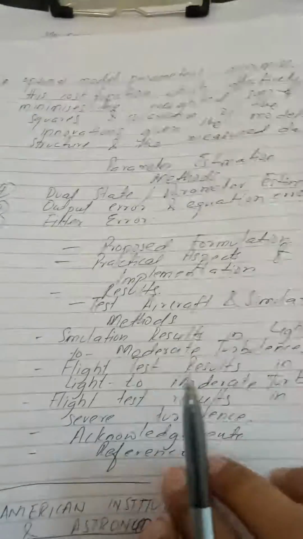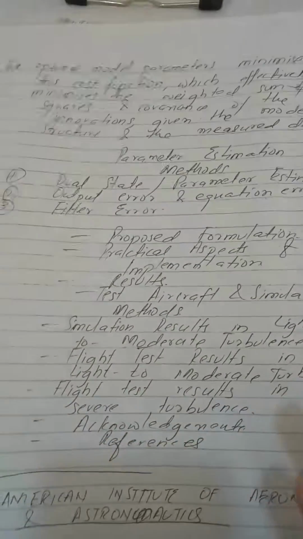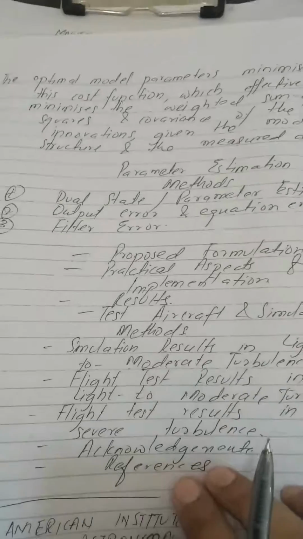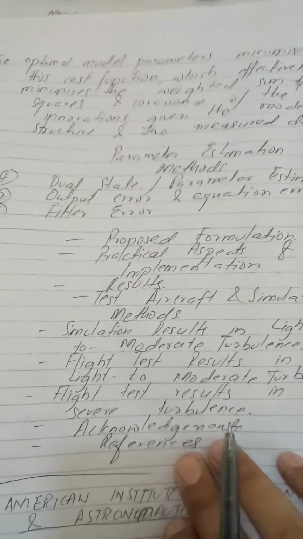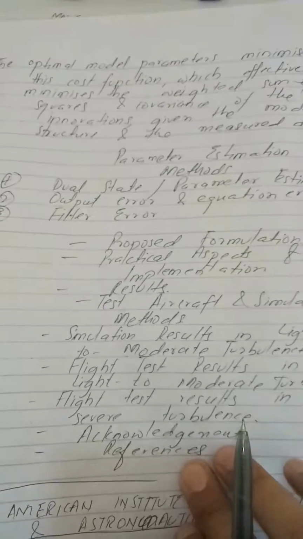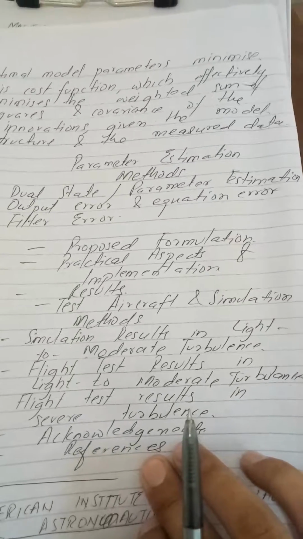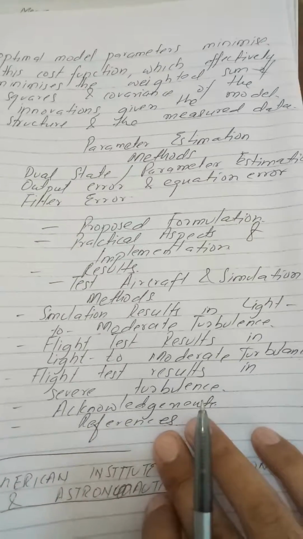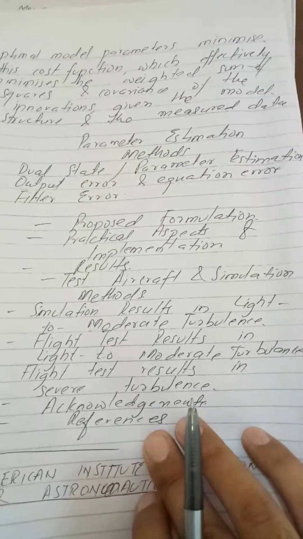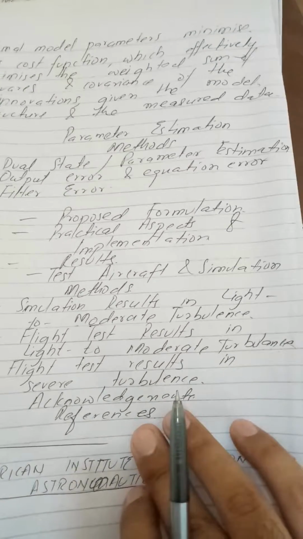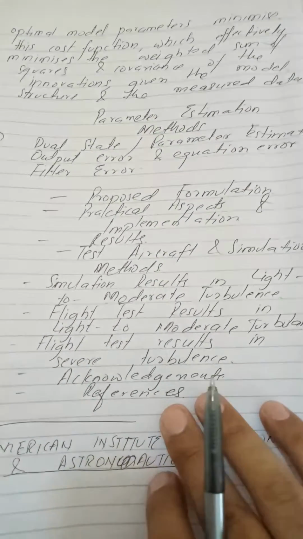If you follow the link, you can have the whole article or research paper in front of you, with different subsections like dual state and parameter estimation, output error and equation error, filter error, proposed formulation, practical aspects and implementation, results, test aircraft and simulation methods, simulation results in light to moderate turbulence, flight test results in light to moderate turbulence, flight test results in severe turbulence, and acknowledgements and references.